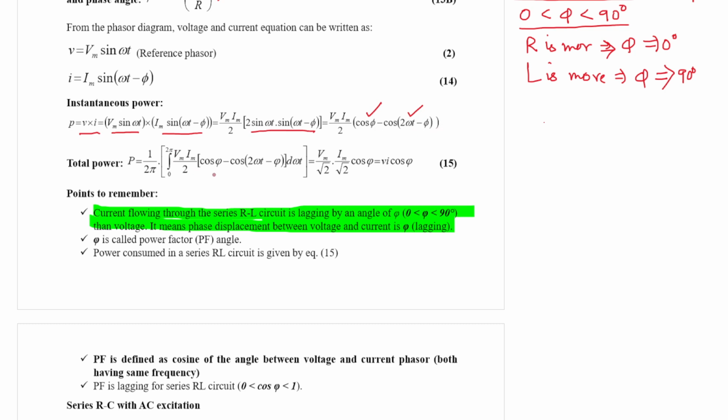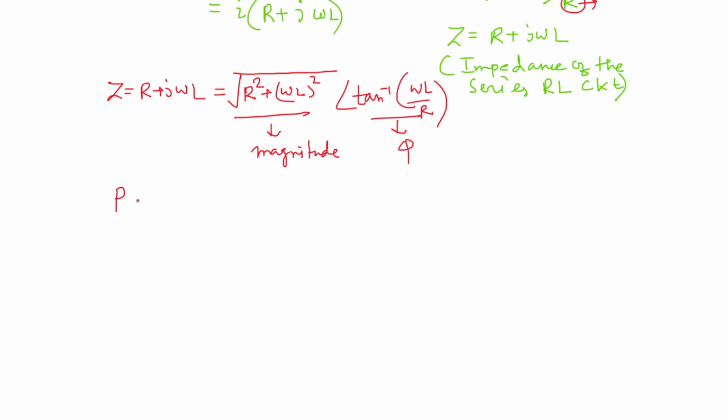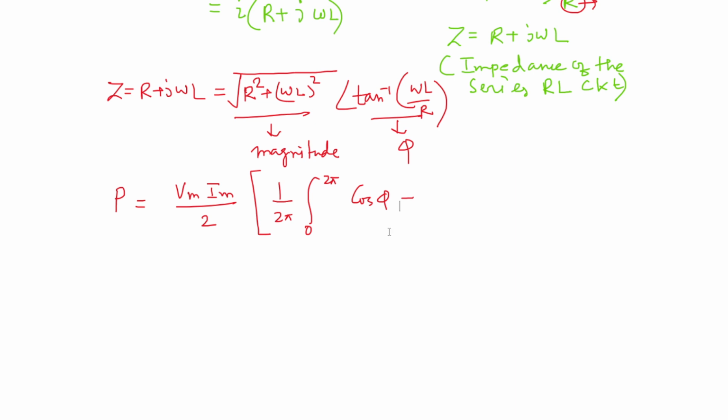Now if you integrate this expression, E is equal to total power, that means Vm Im by 2, it should be 1 by 2 pi integrated from 0 to 2 pi of cos phi minus cos 2 omega t minus phi, with respect to d omega t.